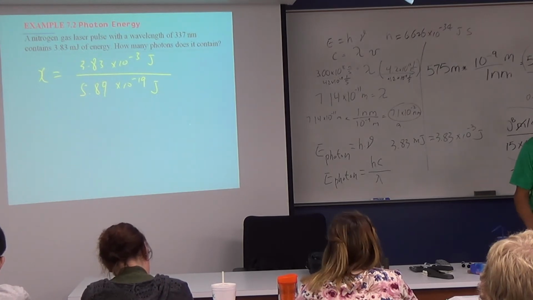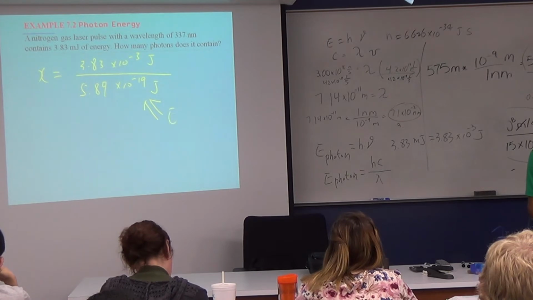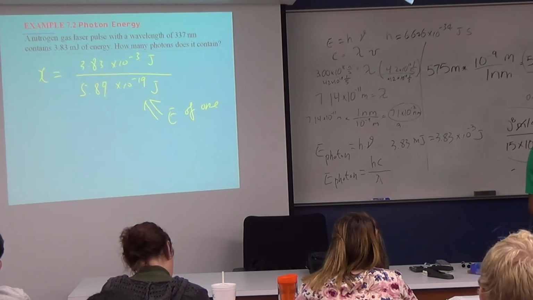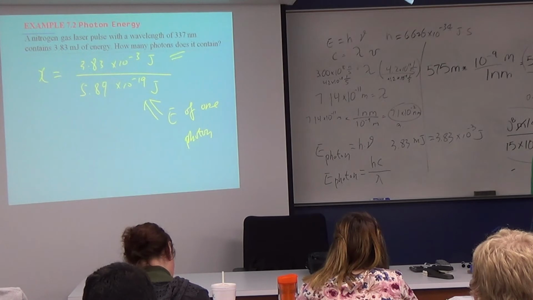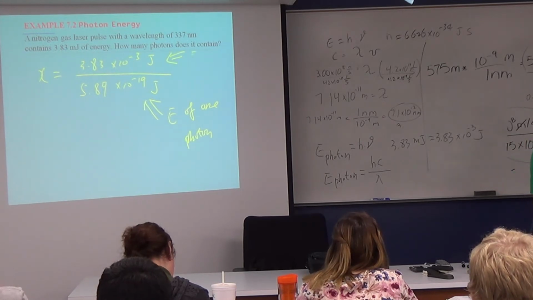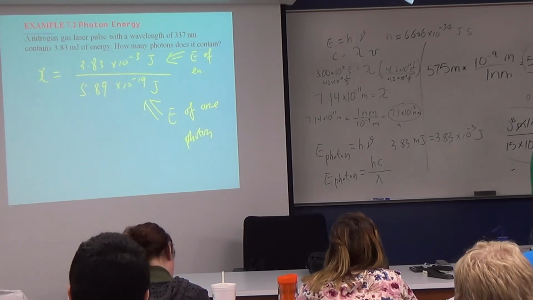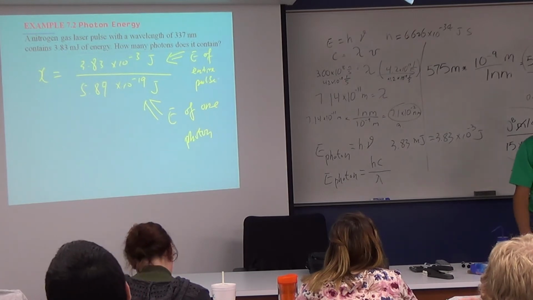Understand? Okay. Now let me draw something like this. This is the energy of what? Very good. This is the energy of one photon. Now this on the top is the energy of what? Yep. All the energy of the entire pulse.